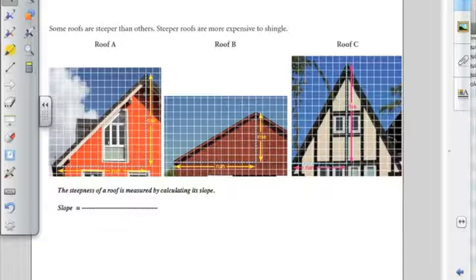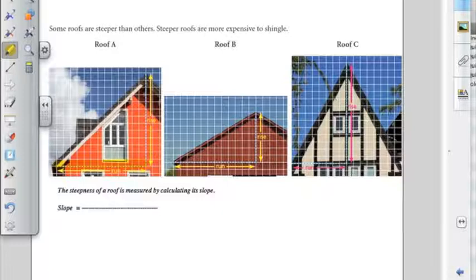If we look at these diagrams, I'm going to start with this one here. You'll notice that there is a line in blue that runs from the left corner of the roof to the middle of the roof, and that line is labeled the run.